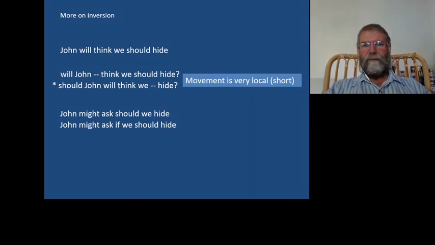But we've also got the possibility here, apparently, of inverting the auxiliary in the embedded clause too and getting the first sentence. John might ask, should we hide? But if you think about it, these two sentences are very different from each other. They actually mean something quite different. In the first case, we've got John might ask, should we hide?